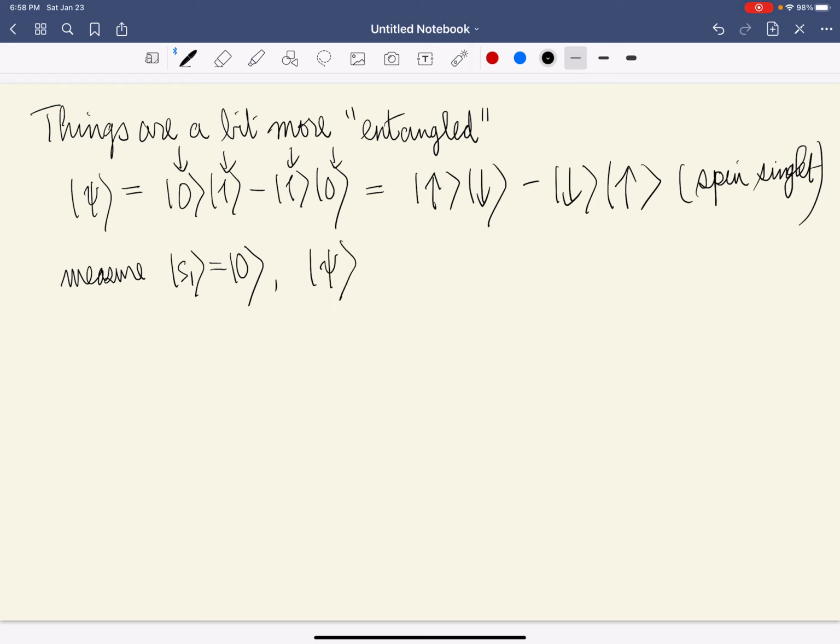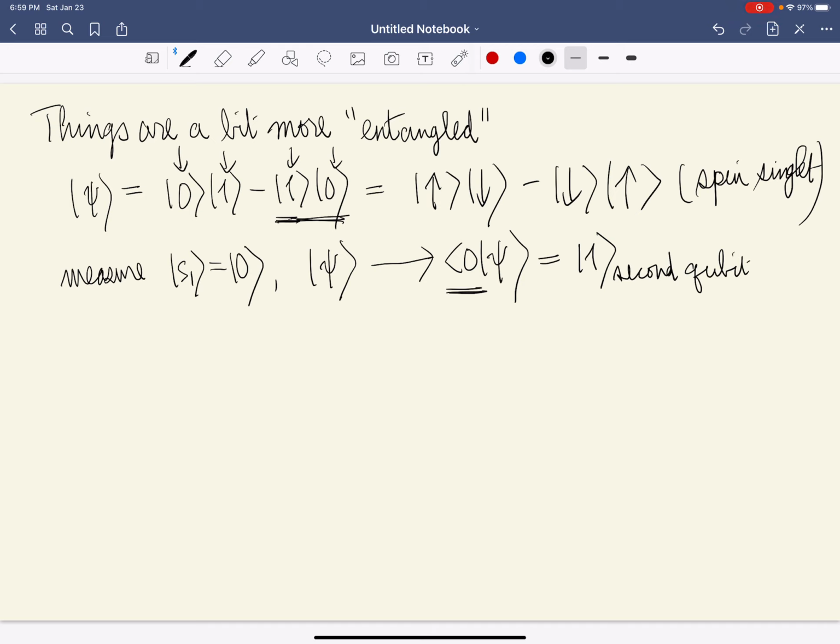Well, then the wave function would collapse to this, but the overlap of the 0 with 1 is 0, so this thing no longer shows up. So after the collapse, you have a 1 for the second qubit.